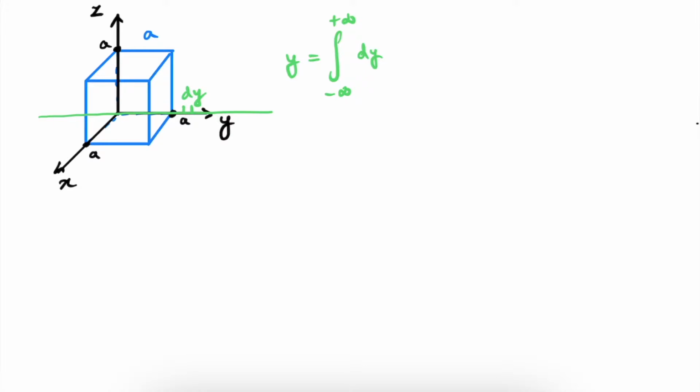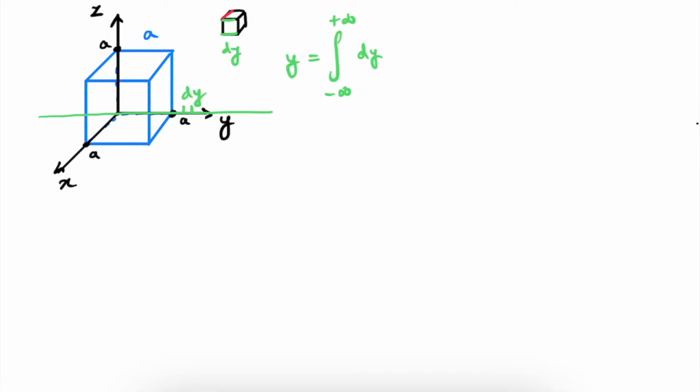Because the same notion of integrating the infinitesimal element from minus infinity to plus infinity to get the entire thing can be done for volumes as well. Let's consider the infinitesimal volume element. This would be, in Cartesian coordinates, a cube. And what are the sides of this cube? Well, in the y direction, it is of course dy, the infinitesimal element in the y direction.